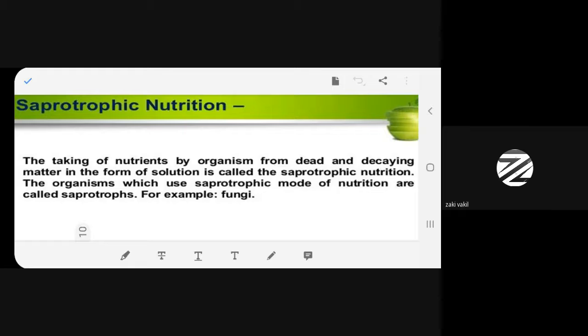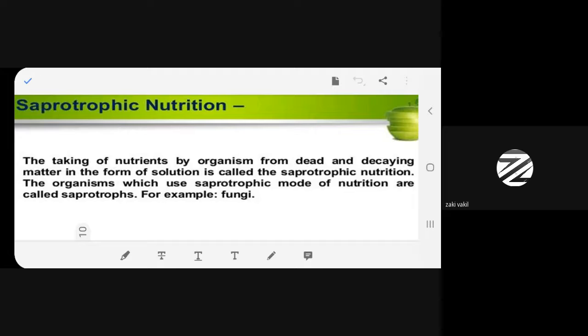This mode is called saprotrophic nutrition. It breaks the dead body and gets the solution out of it, and they survive on that matter. These organisms are called saprotrophs.